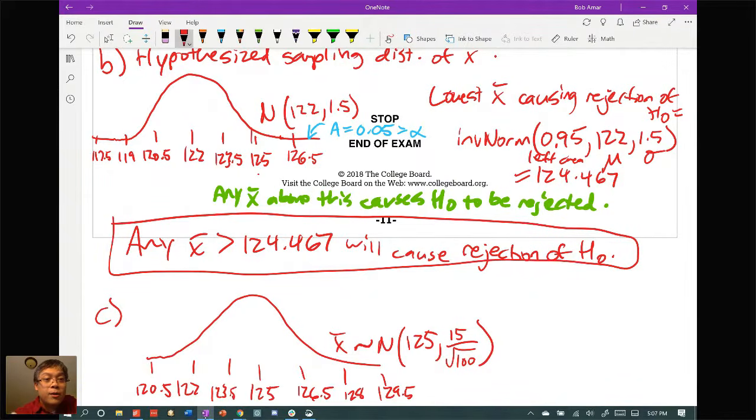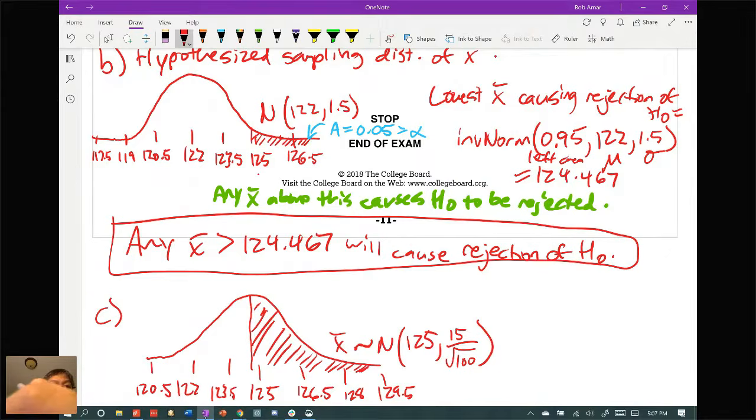There we go, that's better. 124.567 is below the true mean, and so you're more likely than not to reject the null hypothesis.